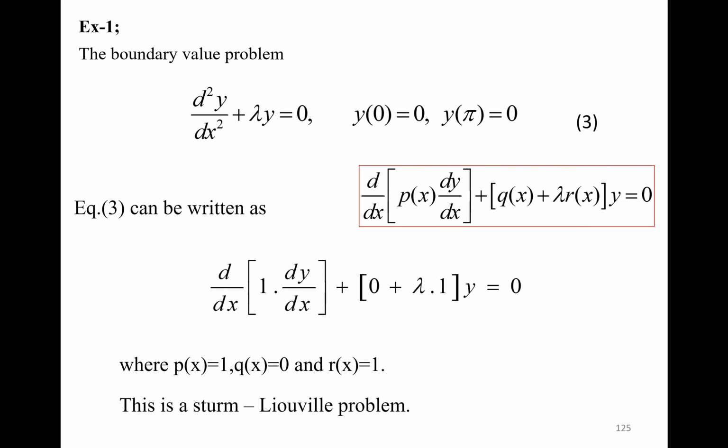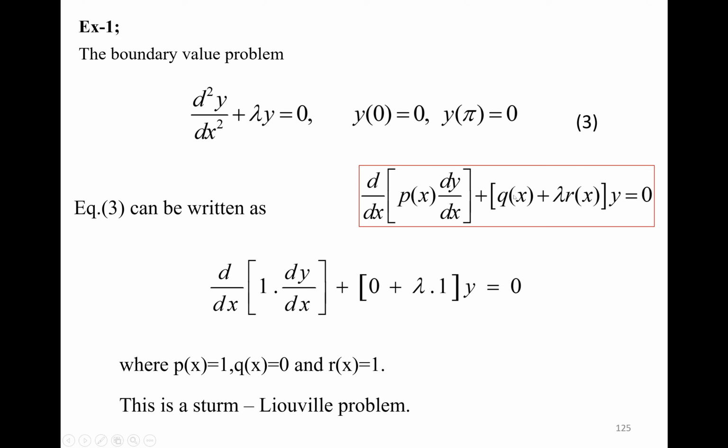Now we will go for example 1. Look at the equation d²y/dx² plus lambda y equals 0, and also look at the boundary conditions: y(0) equals 0, y(pi) equals 0. Now this is a boundary value problem, but we know the Sturm-Liouville differential equation is given by this equation.